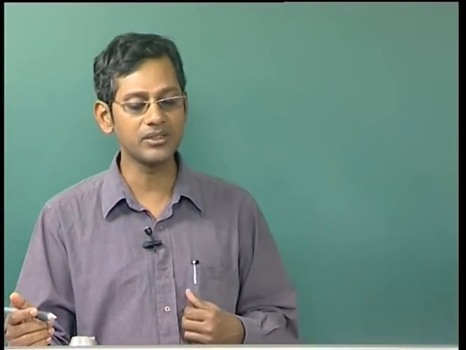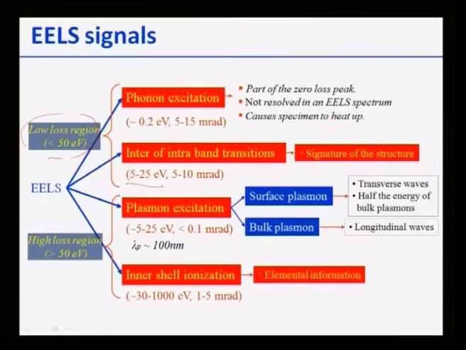This gives us a signature of the structure of the material, because electronic energies are proportional to the type of element, and they happen in the energy range of 5 to 25 electron volts. These are very important, and we have already discussed them, and we will discuss more.